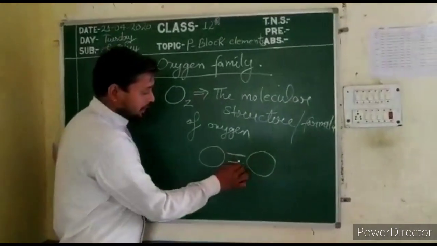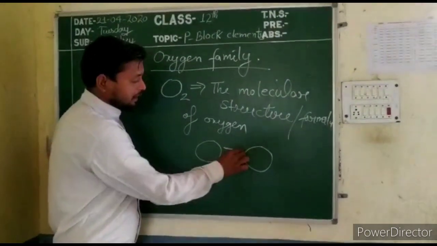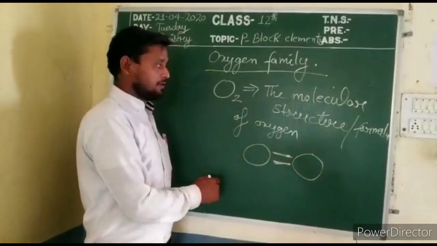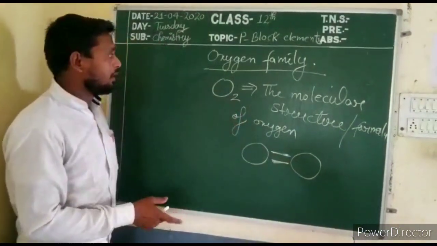Here the double bond indicates that two electron pairs are sharing with each other to form the O2 molecule.